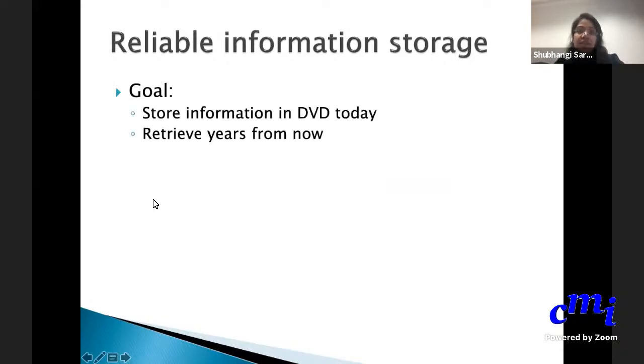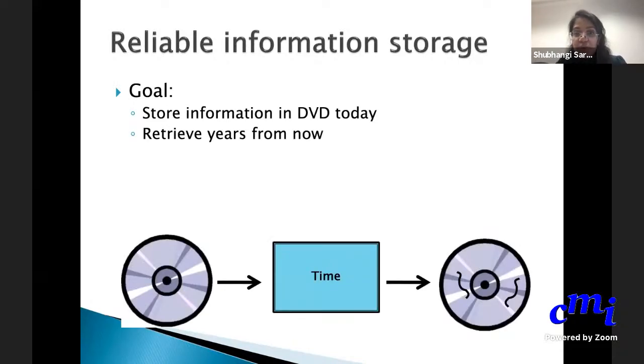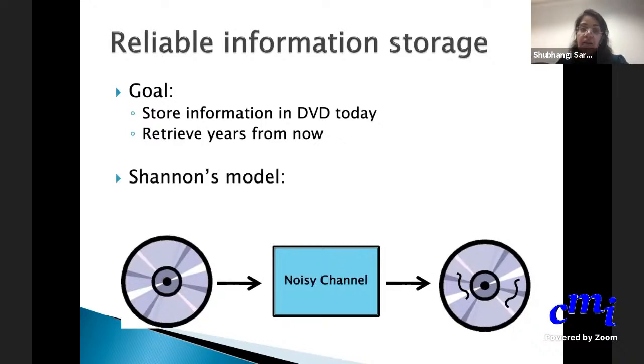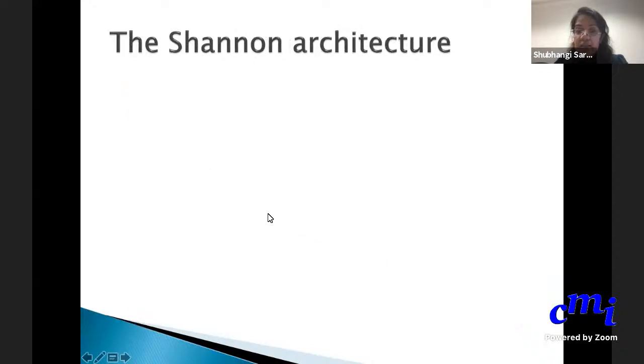For reliable information storage, if you're going to store information on a DVD today and you want to retrieve it many years from now, Shannon, several decades ago, studied this model and said you can model the passage of time as a noisy channel. As time progresses, your data gets errors in it.